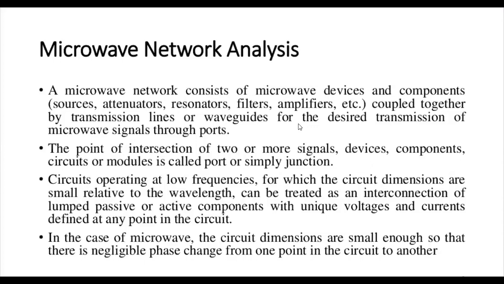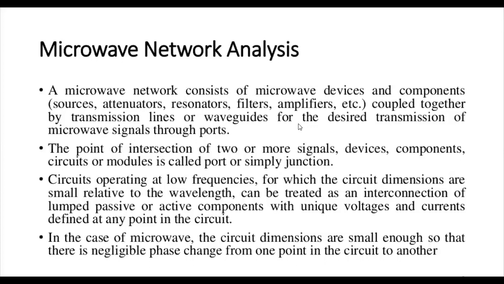Now, coming to the low frequency and high frequency components of the circuits. When you consider a low frequency network, the input and output variables which you take there, that is voltage and current, will be related to impedance. Impedance, we know, is the Z parameter, or we relate it to admittance, which is the Y parameter.